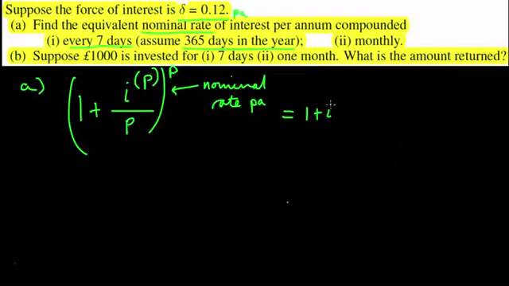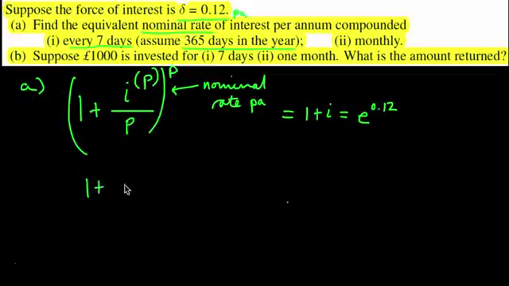It'll give us 1 plus i, but in this case, because we're using the force of interest for continuous compounding, it's going to be e to the power of 0.12. So all we have to do is sub in for p, which is 365 divided by 7, because that's how many times 7 days fit into 365.